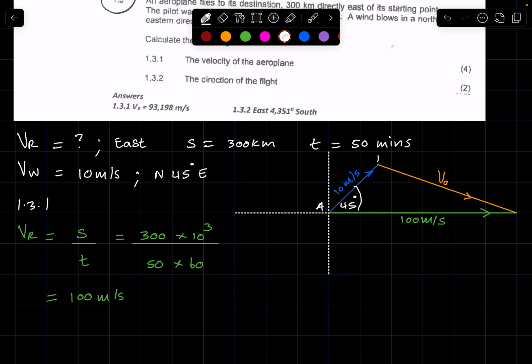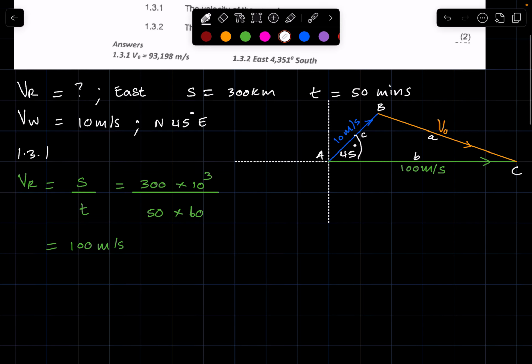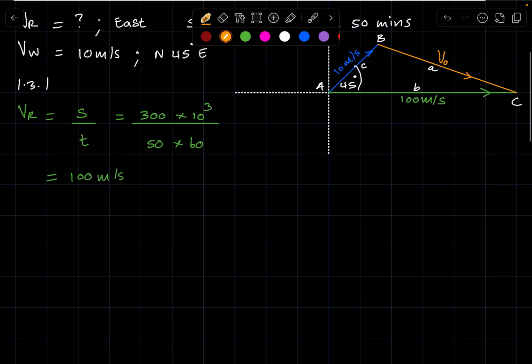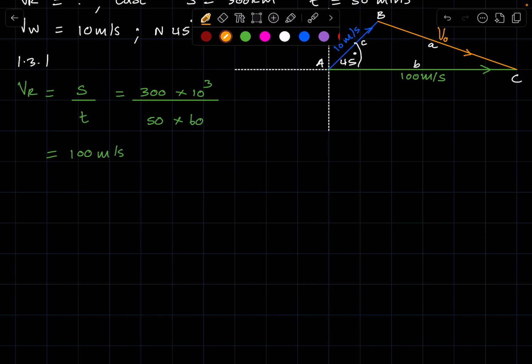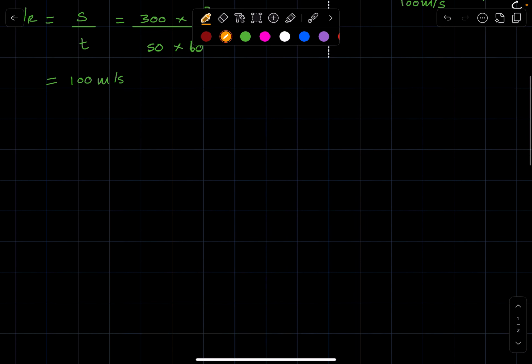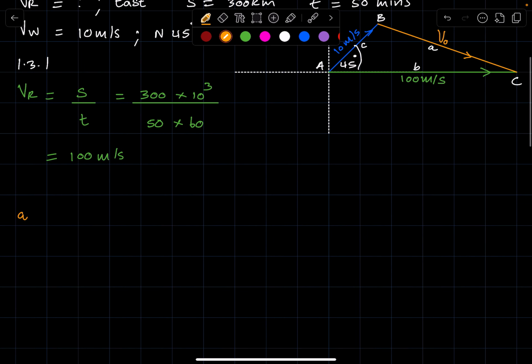Let's call this A, call it B, call this C. So that's B, that's A, and this is side C. And then using the cosine rule, we are now going to calculate the magnitude of VO. VO is side A, so it means here we will have A squared is equal to B squared plus C squared minus 2 BC times cos A.